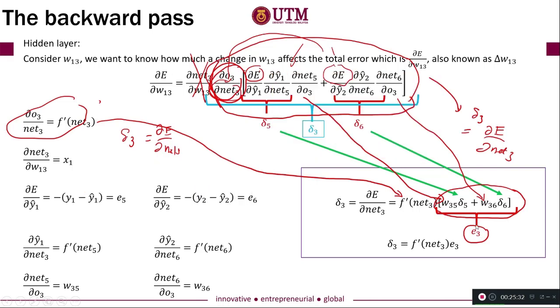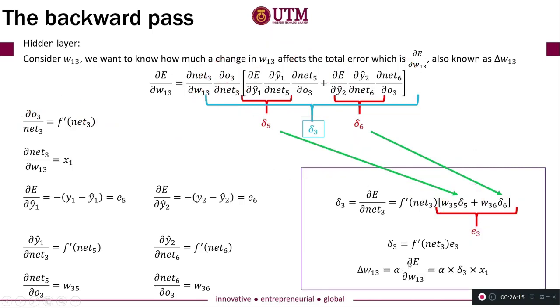But now the error at the hidden layer is defined a little differently: it is a multiplication of the delta, or gradient, coming from the output neuron, with the weight at that neuron. That is defined as the local error at the hidden layer. From that, this is what we get as delta 3.